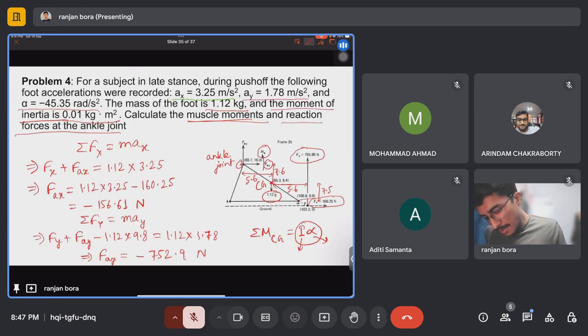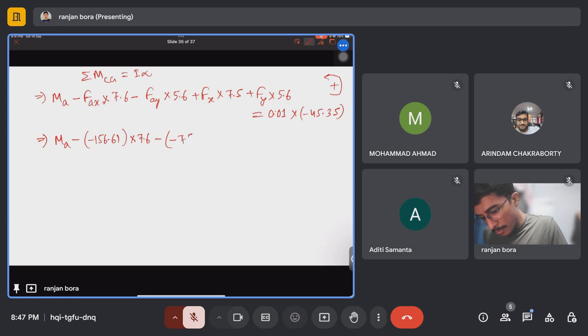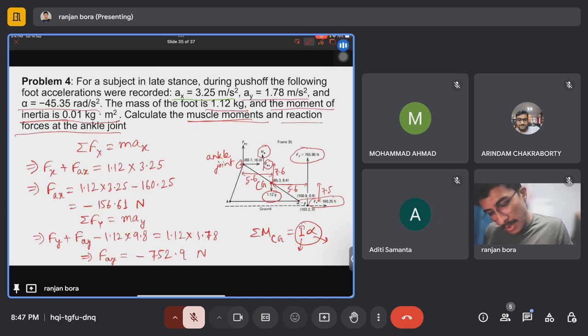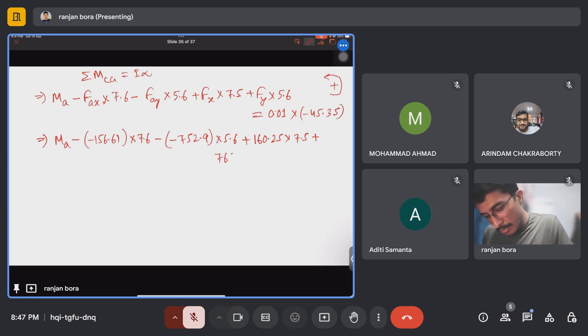Fay minus 752.9 plus 160.25, 765.96 equal to minus. So using this equation, we will get the value of MA.